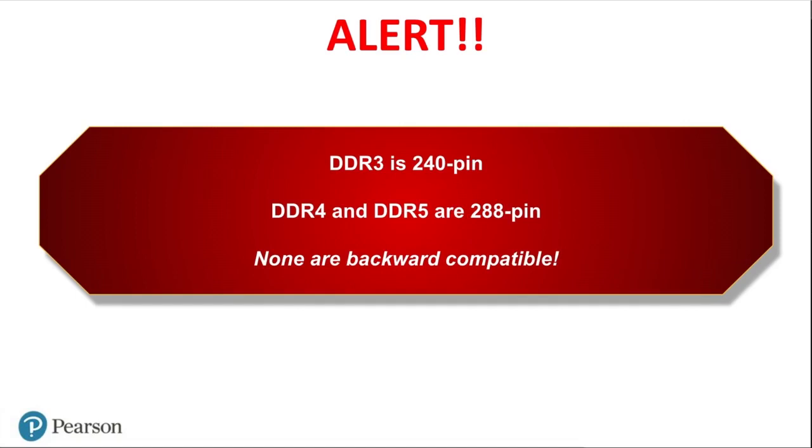You cannot put a DDR3 module in a motherboard that has DDR5 slots, and so on and so on. None of these are backward compatible. So memorize the amount of pins for each type of DDR and know that you have to have a compatible motherboard for whatever type of memory you are using.